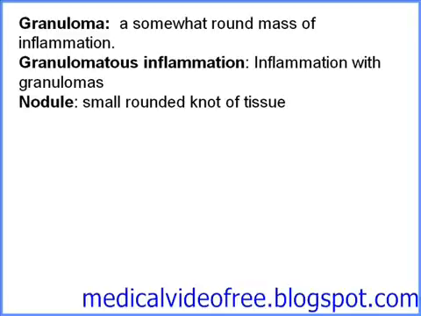Wegener's granulomatosis is the form of ANCA disease that has a lot of this granulomatous inflammation, and it can occur at any site, but it often occurs in the upper respiratory tract, for example, in the nose, in the eyes, in the major airways, and it also frequently affects the lungs.